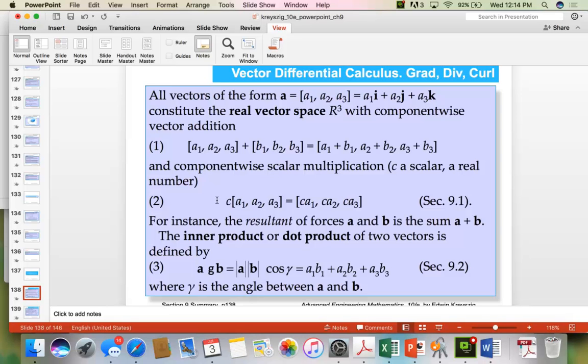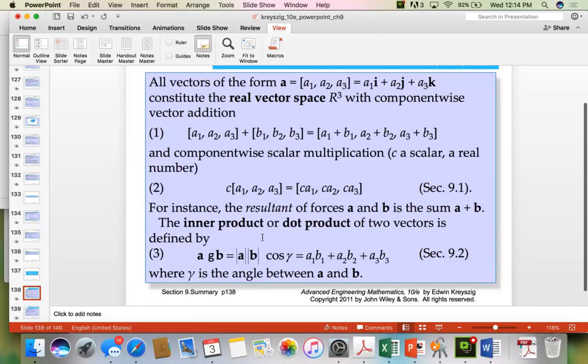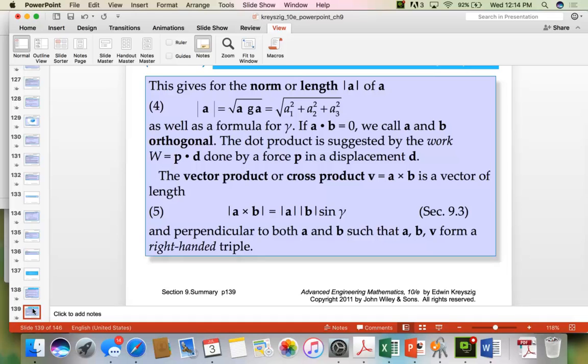Once again, we're not doing anything at this point with complex numbers. We talked about the inner product or the dot product. We talked about the outer product or the cross product. We talked about the length of a vector. We talked about this right-hand rule, this right-handed triple.